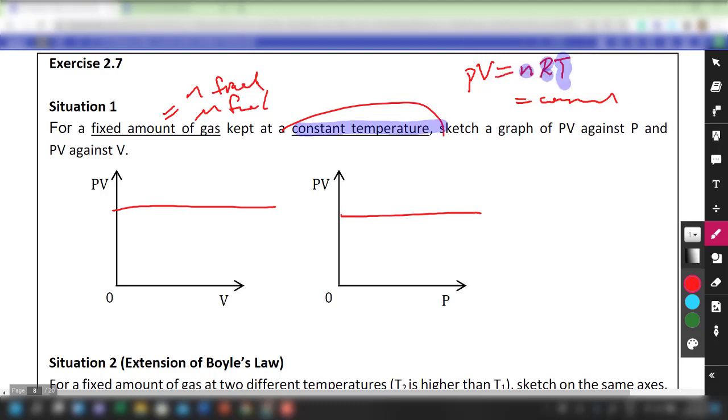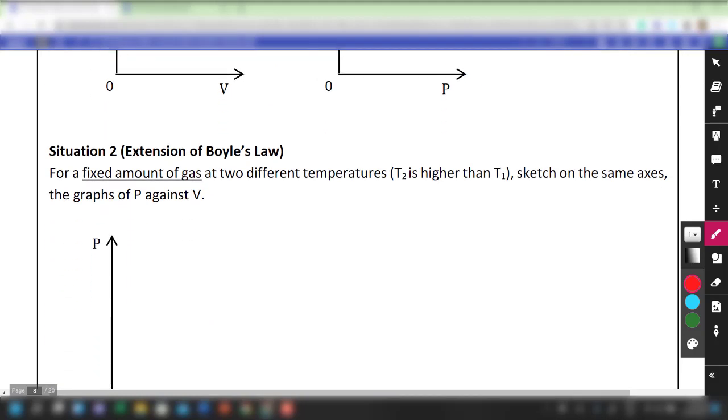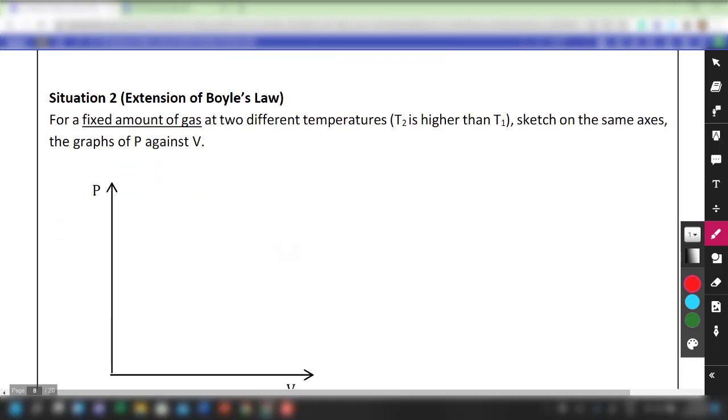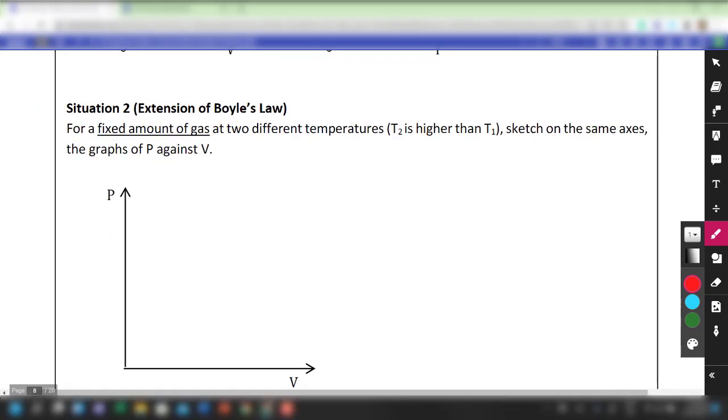Next we look at situation 2, which is an extension of Boyle's law. We have a fixed mass of gas at 2 different temperatures, T2 which is higher than T1, and we sketch on the same axis. Again, we have PV equals nRT.